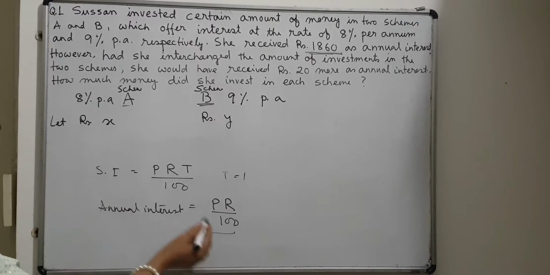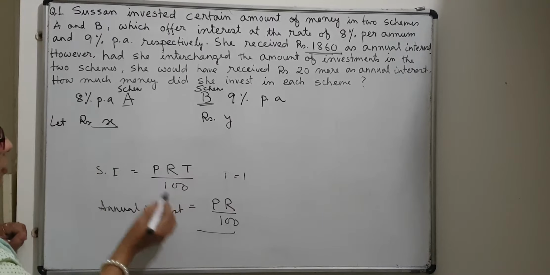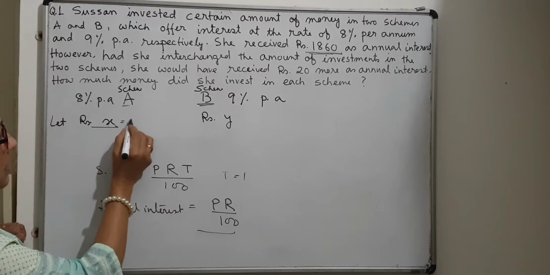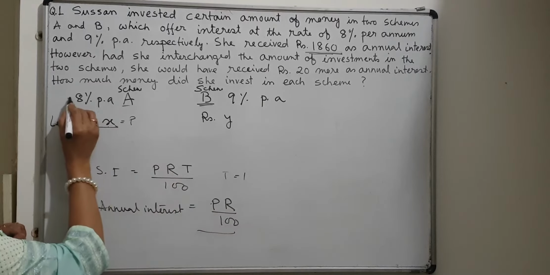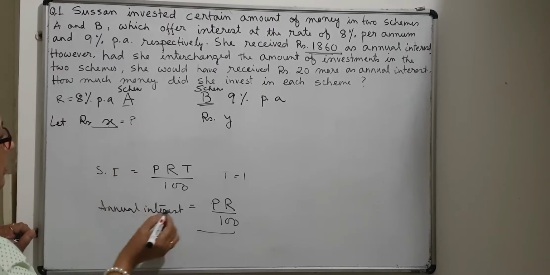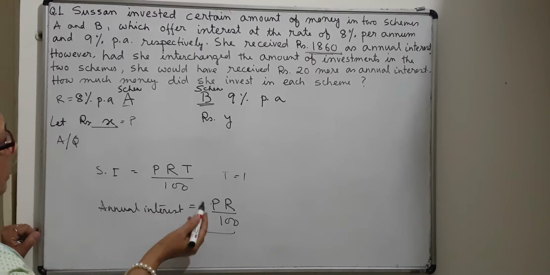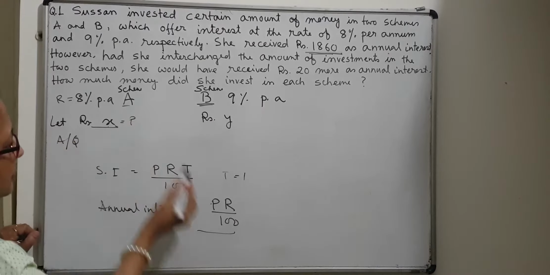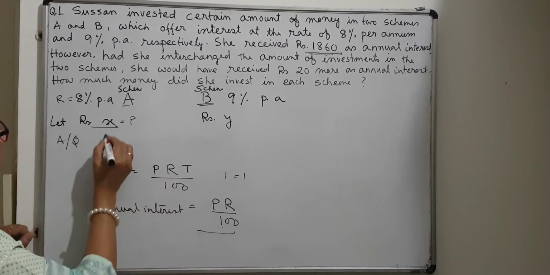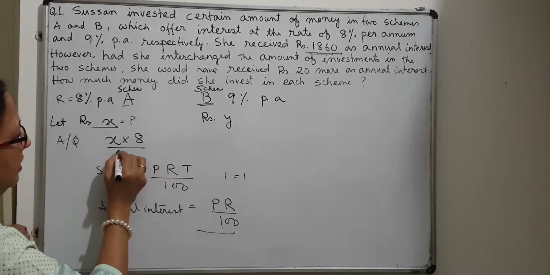So how much interest will you get from investing rupees X in scheme A? Your principal P is X, and R is 8. So the annual interest from this will be P into R by 100, that is X into 8 upon 100.